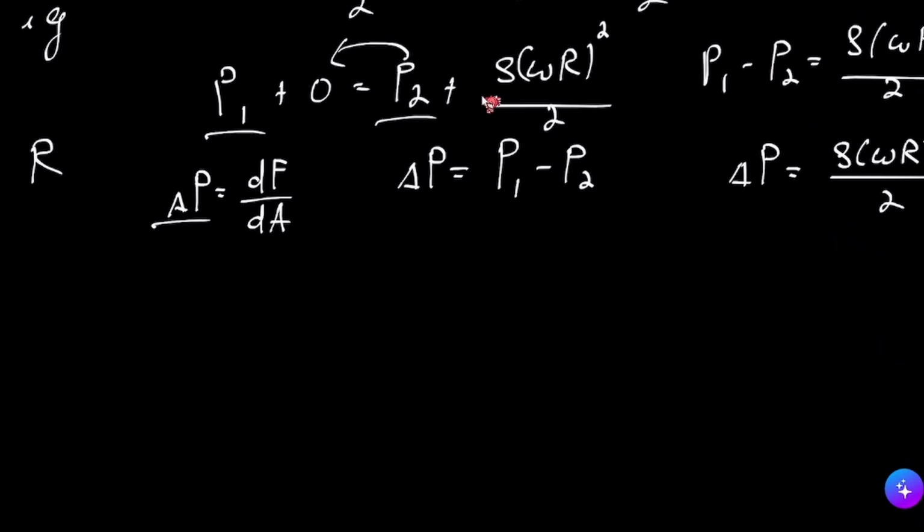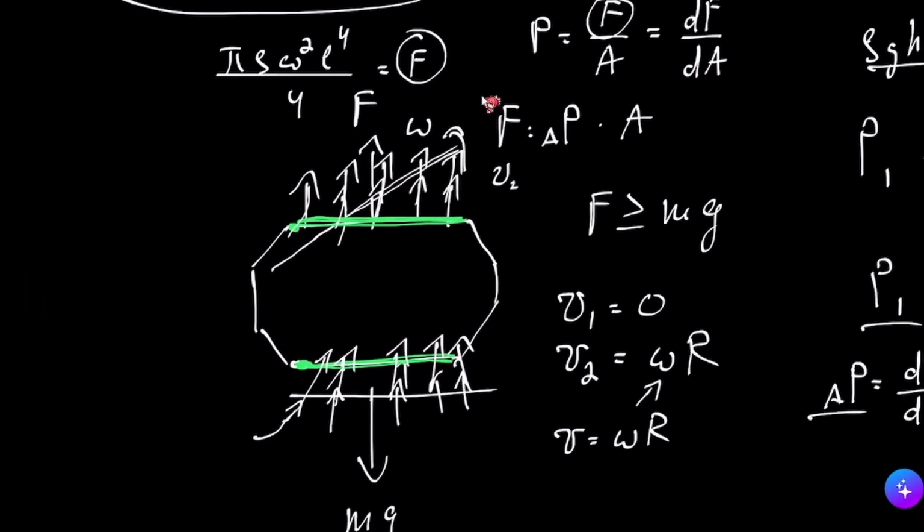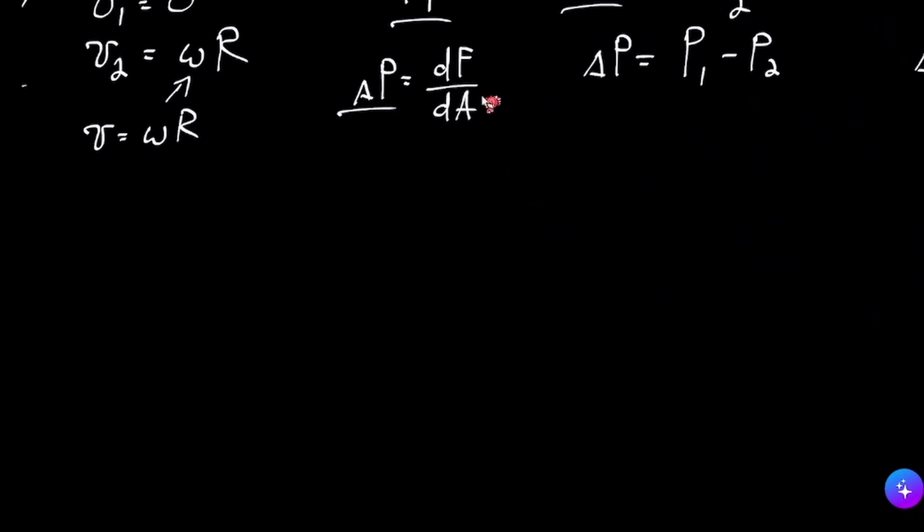Okay, so what's A? What's the area? The area is basically this circle that the fan is making while it's spinning. So what's the area of a circle?